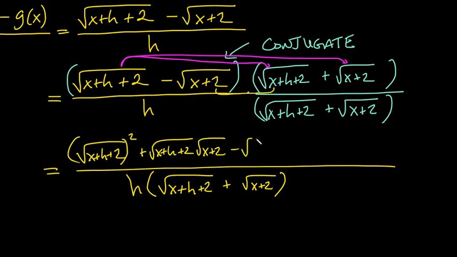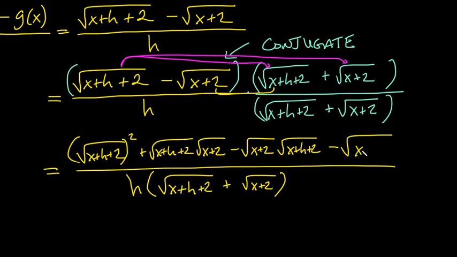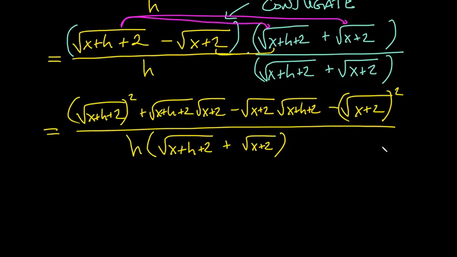So that's going to be a negative square root of x plus 2 times the square root of x plus h plus 2. And then finally, the last two terms. It's a negative times a positive, so it's going to be negative the square root of x plus 2 times itself. In other words, squared. Yeah, a big mess.